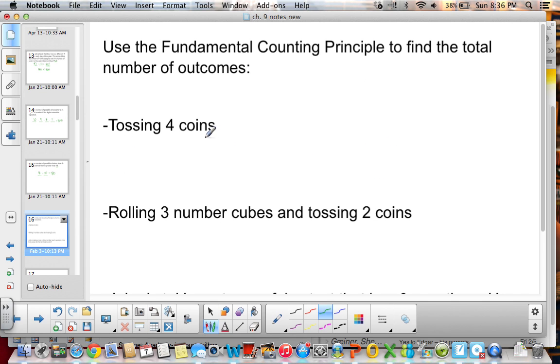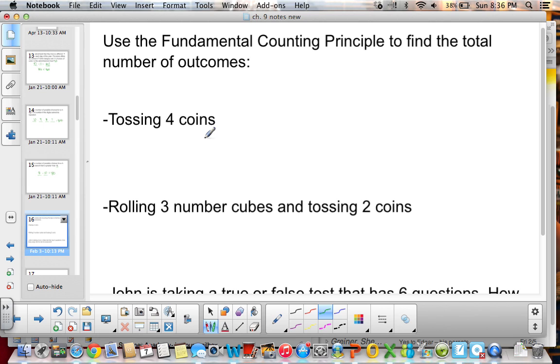Okay, a few more examples. Use the fundamental counting principle to find the total number of outcomes, tossing 4 coins. Each time we toss our coin, we are going to count the number of outcomes that could occur. Each time we toss a coin, it could be a heads or a tails. So each time we have 2 different outcomes, and we toss it 4 times.